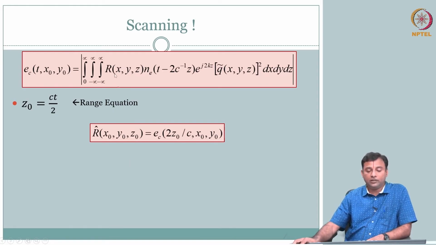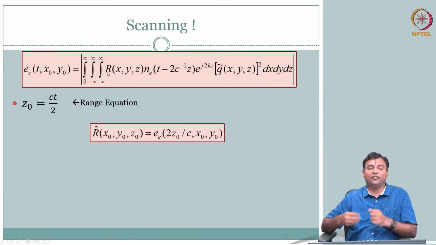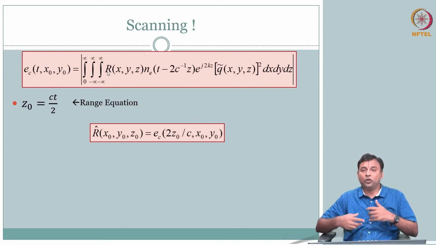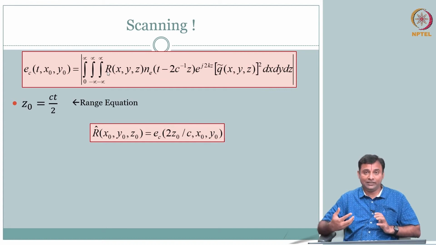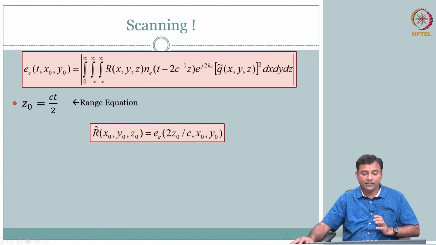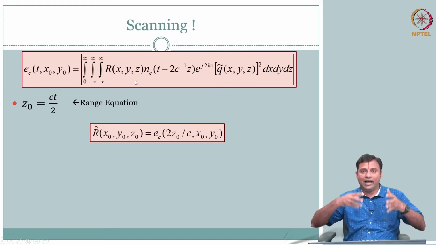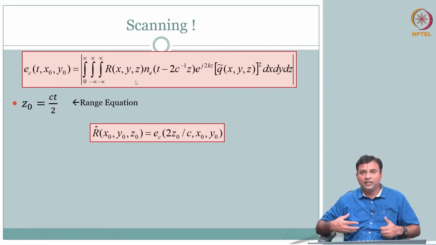Going by our notion, this is your ground truth distribution of R, right. Remember how we did mu in X-ray, the attenuation coefficient as a function of X-ray energy or gamma energy. Here, in ultrasound, fundamentally you are trying to go after a 3D distribution of acoustic impedance mismatches, different acoustic scatterers, each one having its own acoustic impedance.